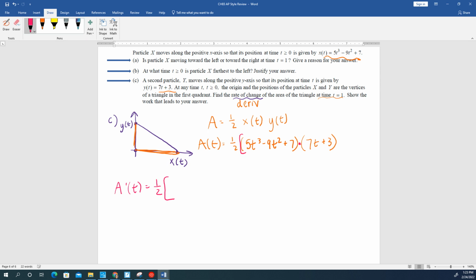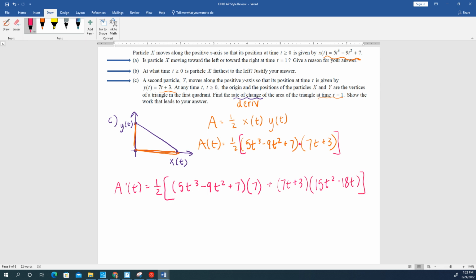And then I have 2 factors here. So I'm just going to do product rule. So I have the first factor, 5t cubed minus 9t squared plus 7, times the derivative of the second, which is just 7. Plus the second factor, 7t plus 3, times the derivative of the first factor, which would just be 15t squared minus 18t.